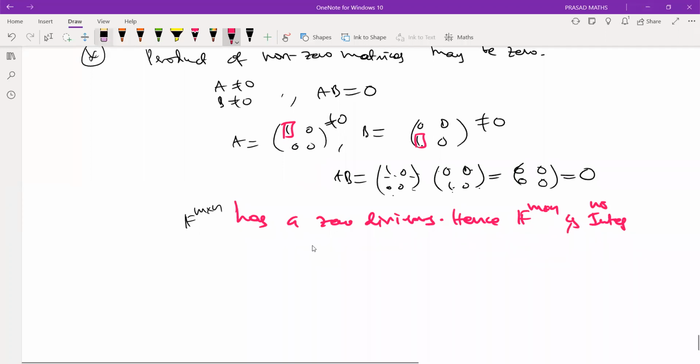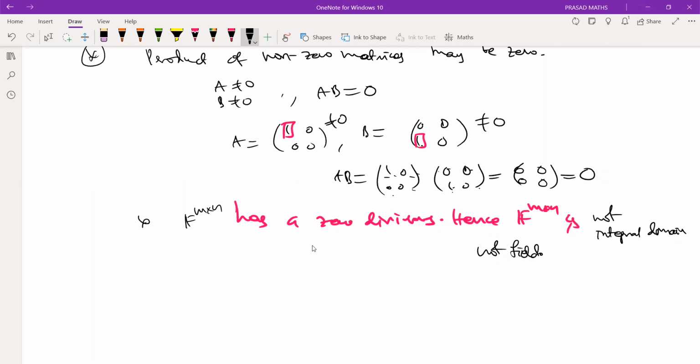It is a vector space and a ring, that is fine, but it is not a field and not an integral domain. Is it clear?